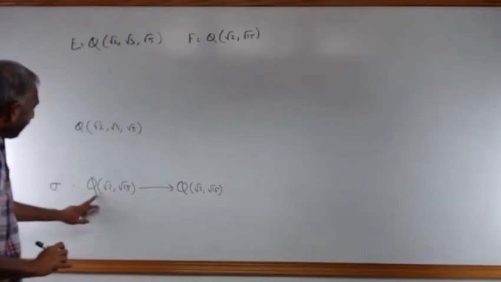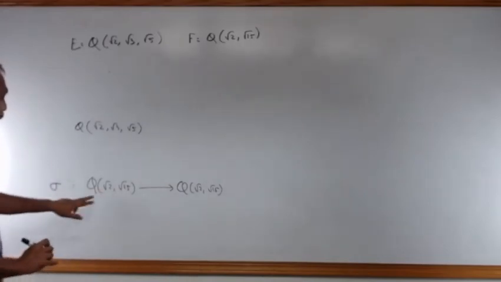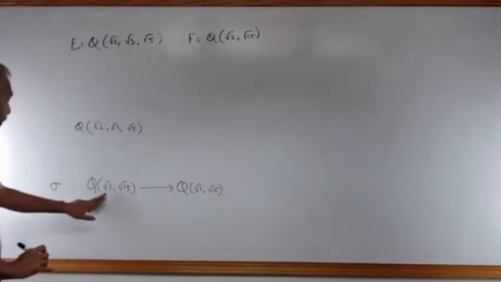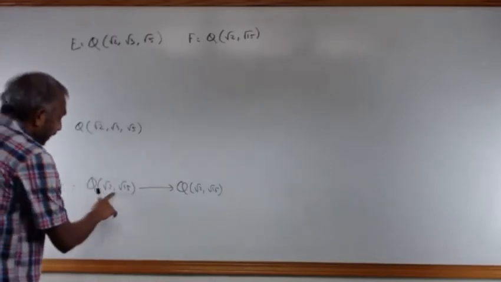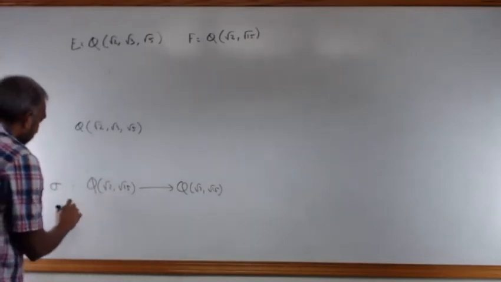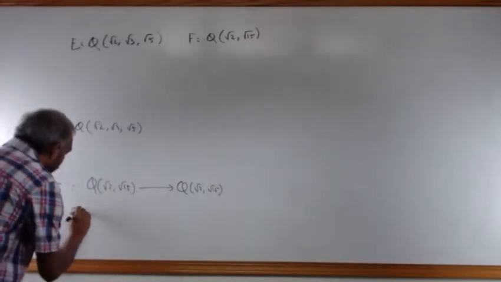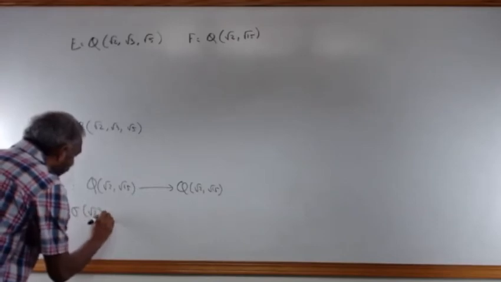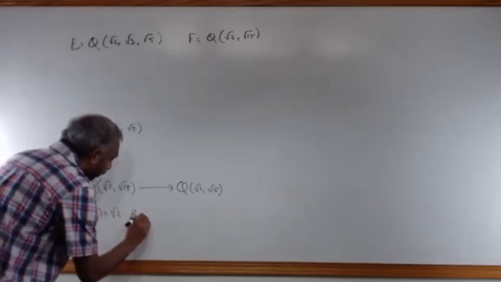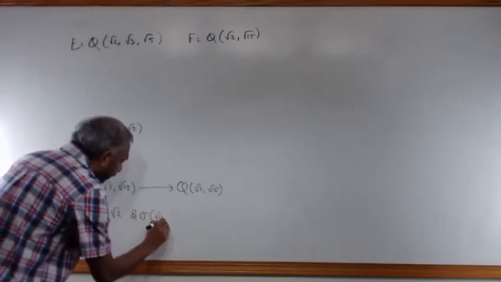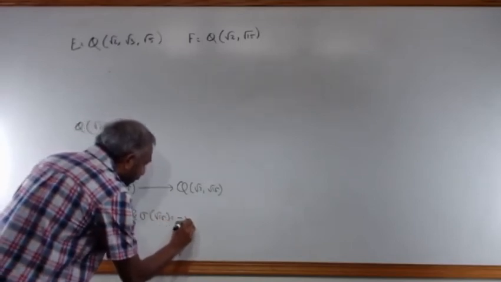by, see, when you define, you can use the generators to define the isomorphism. These are the generators of this field. So you can say sigma of root 2 is equal to root 2 and sigma of root 15 is equal to minus root 15.